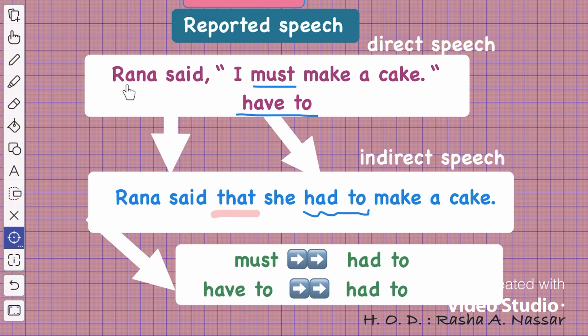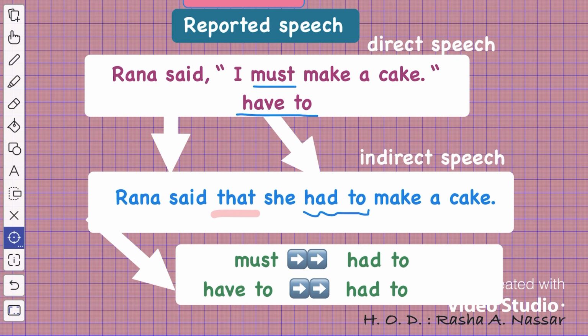Look here, if I have the sentence with must or have to, how can I change this sentence into indirect speech? Rana said, "I must make a cake," or Rana said, "I have to make a cake."